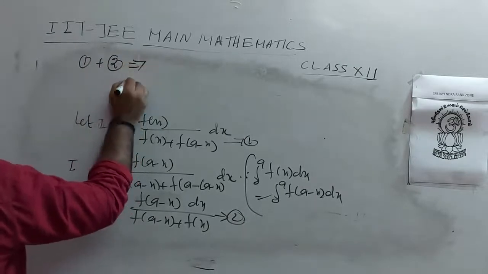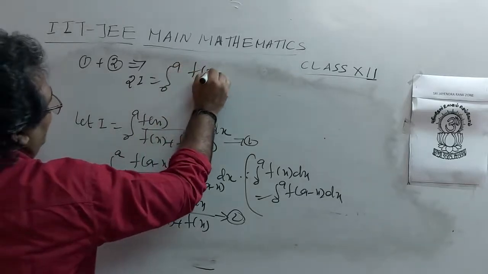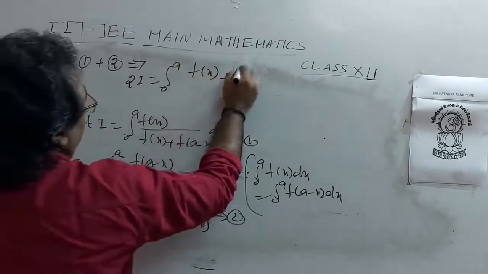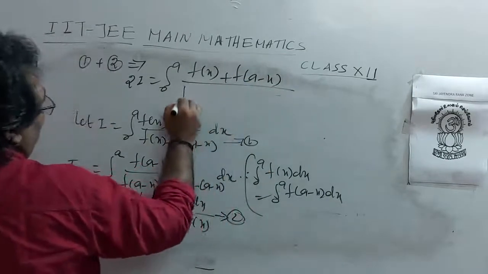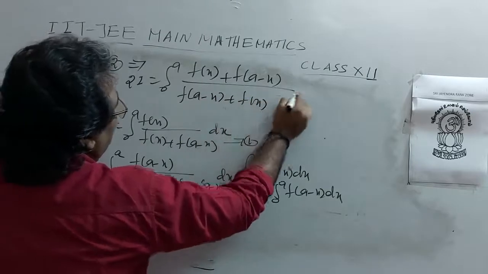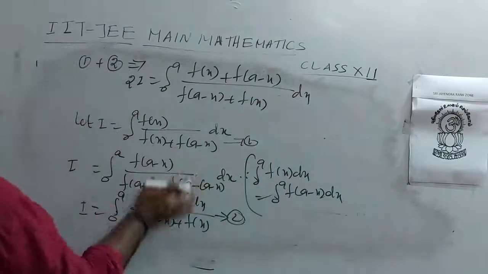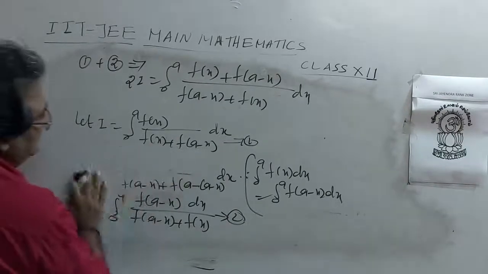One plus 2 gives 2I equal to integral 0 to a of f of x plus f of a minus x divided by f of a minus x plus f of x. The denominators are same, you have to add that f of x plus f of a minus x.